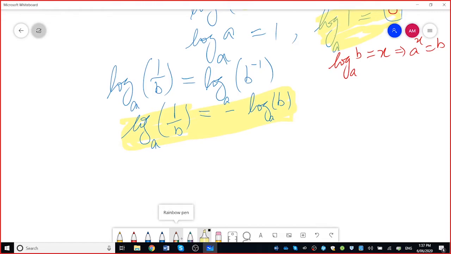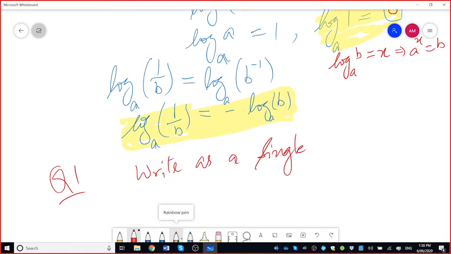First, you should have this in your calculation notebook, and let's have the first question, please. It's an ATAR question, and it has 3 marks. Question 1: write as a single logarithmic term the following expression.